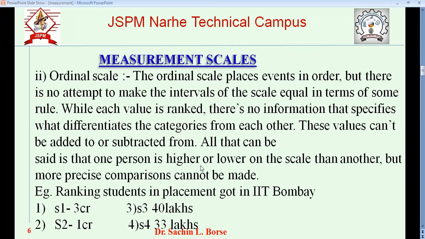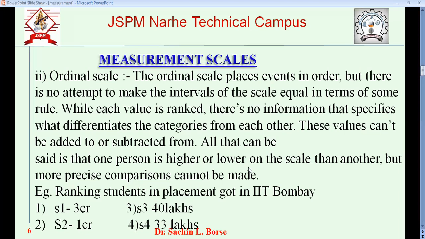Then comes ordinal. So what does ordinal mean here? The meaning will be order. Order means they are in some order, like lower to higher, higher to lower, but generally lower to higher. So the ordinal scale places the events in order.